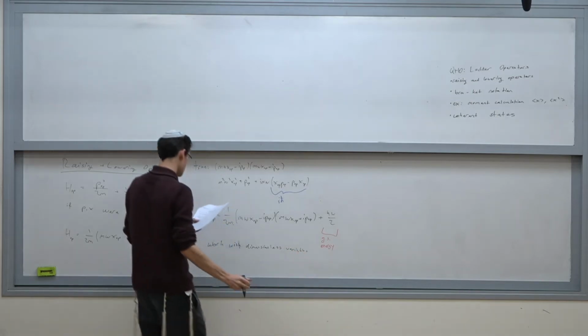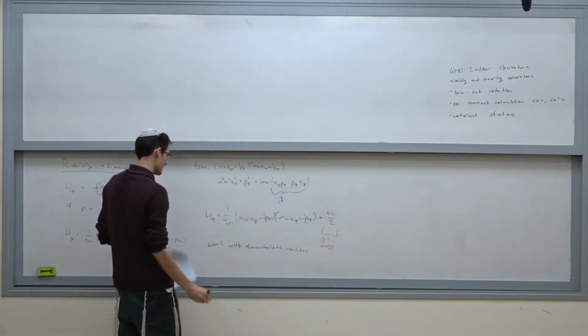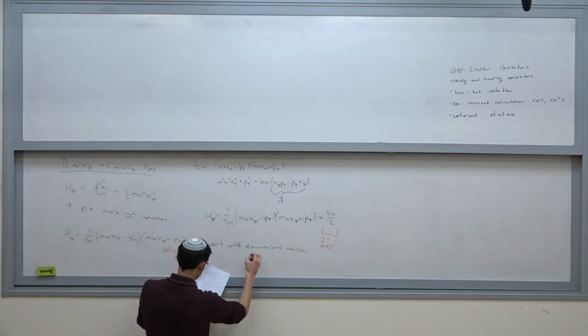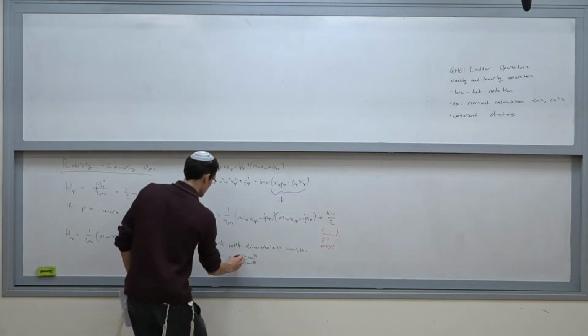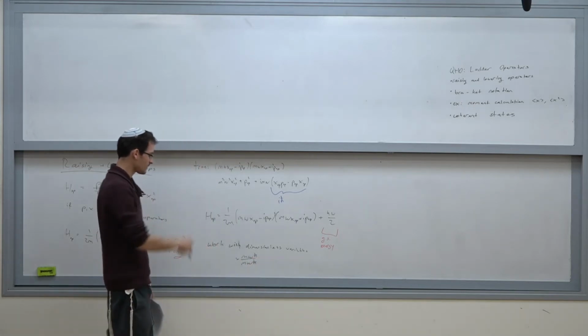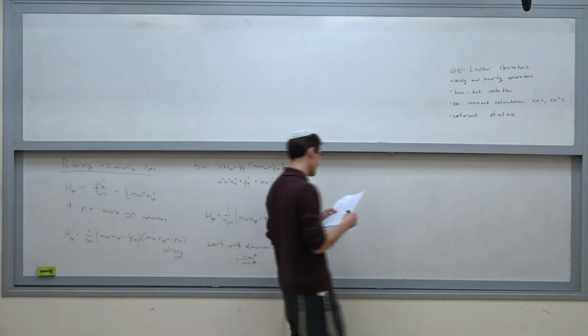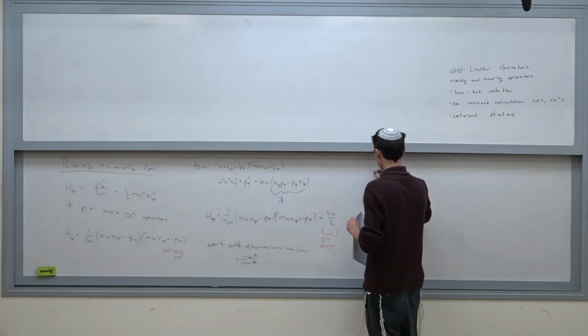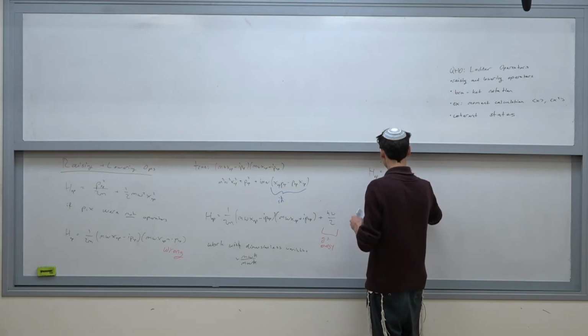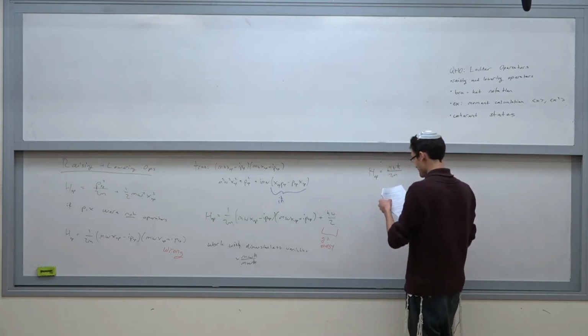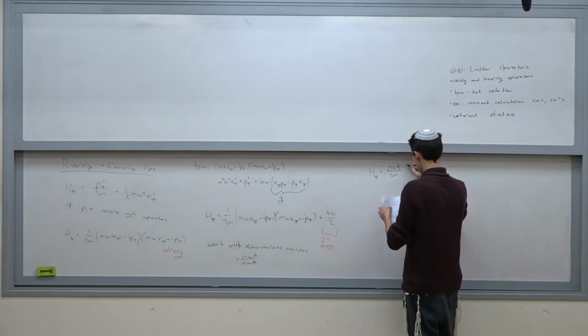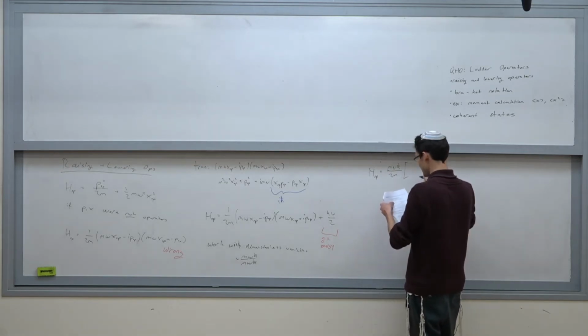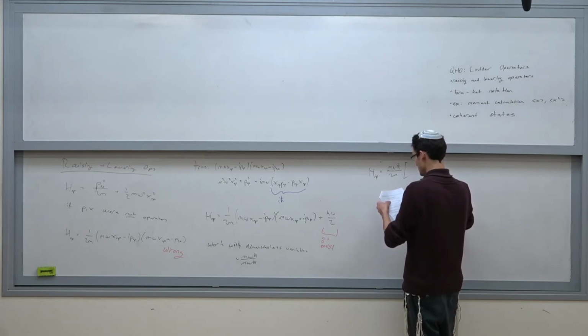What I'm going to do is multiply the entire Hamiltonian by 1, a funny way of writing 1. I'm going to multiply it by m omega h bar divided by m omega h bar. And that way, we obtain the following. So the first bracket is root m omega over h bar.